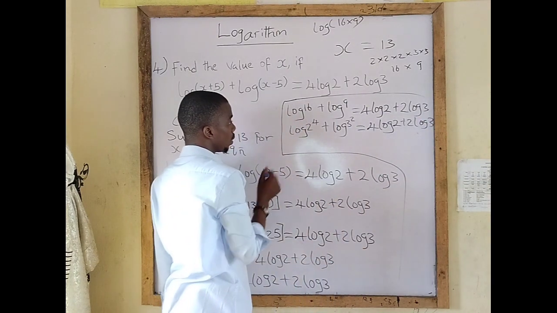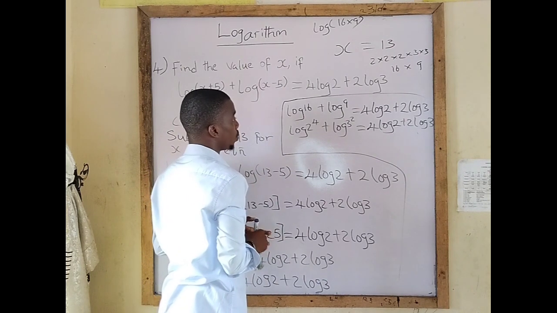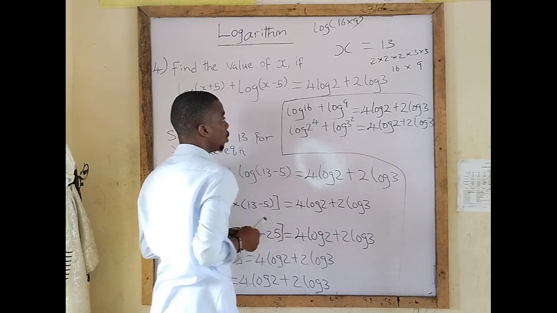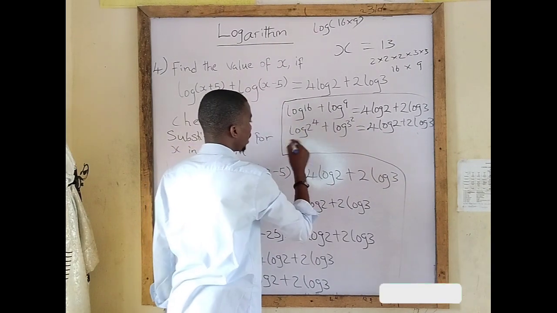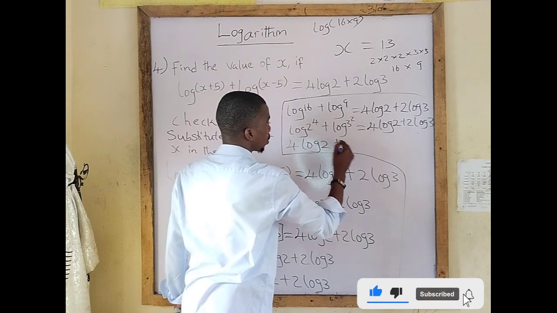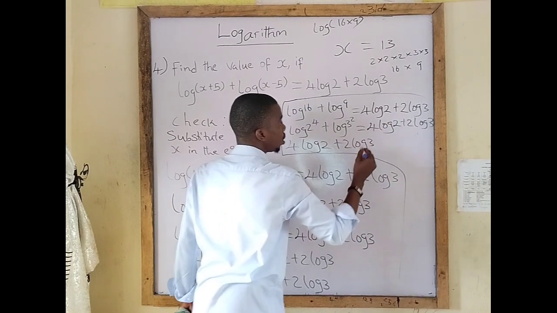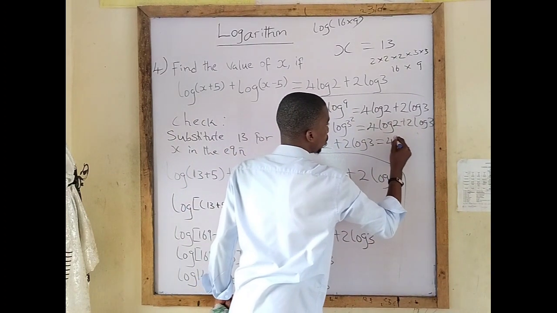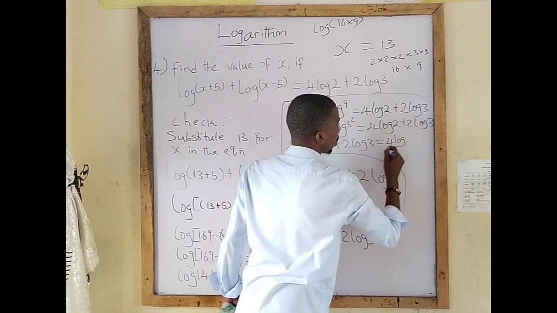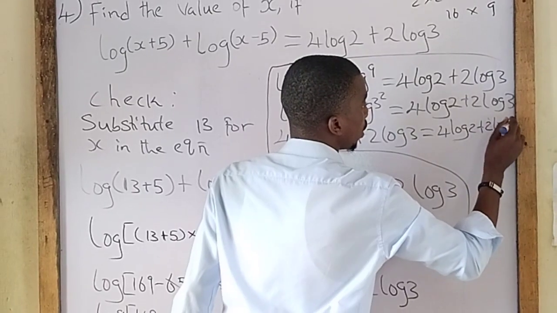And if we apply the power rule, which says that if you have a log of a number raised to a power, you use the power to multiply the log. So here we multiply this, we have 4 log 2 plus 2 log 3 equals 4 log 2 plus 2 log 3.